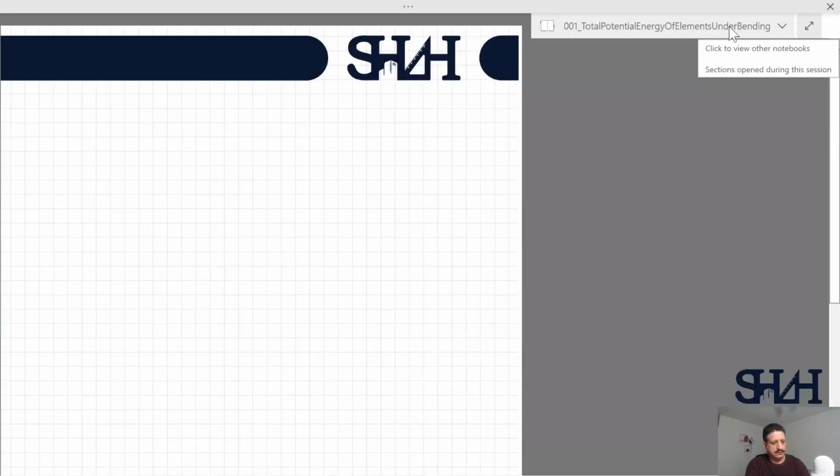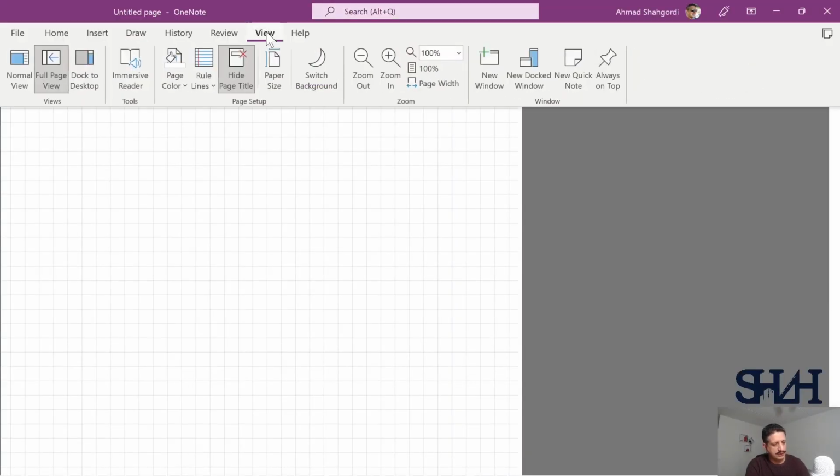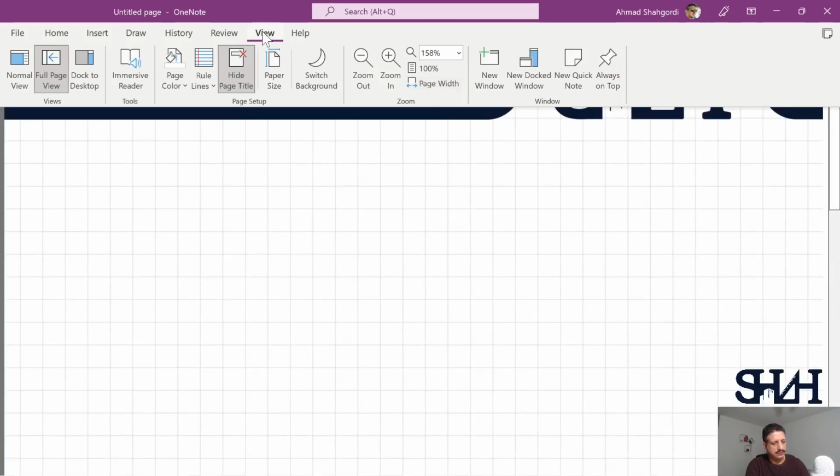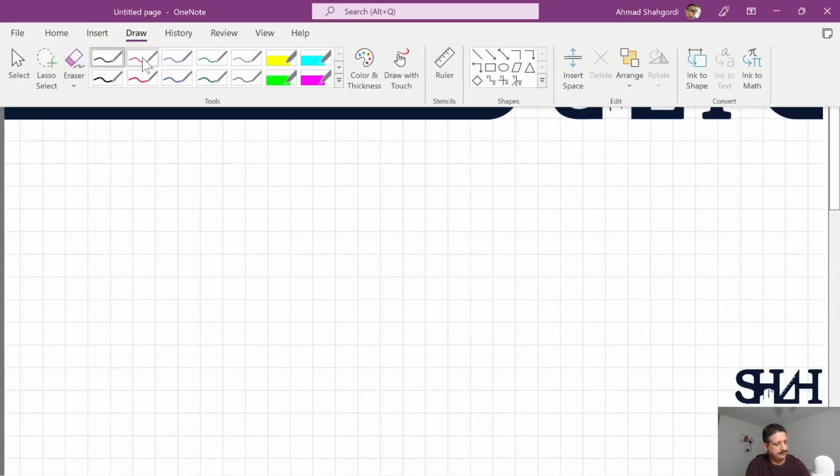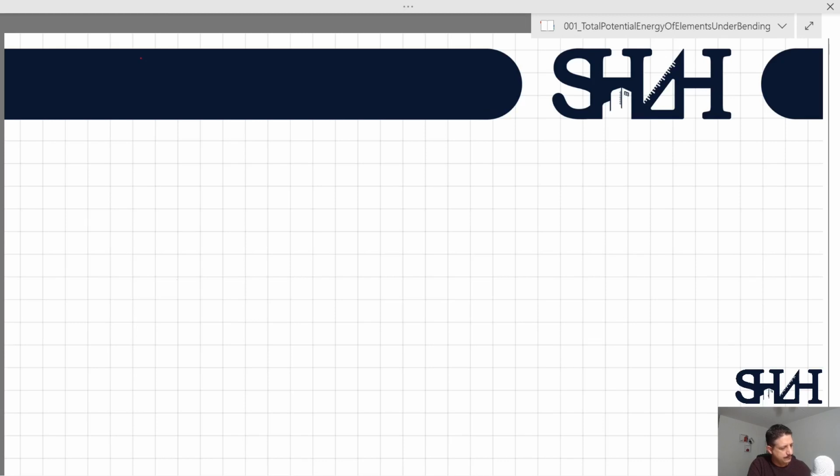Now, let's go to the gained energy, or the potential energy that is stored due to the bending. Suppose this is a tiny length of the beam, and this is its neutral axis.